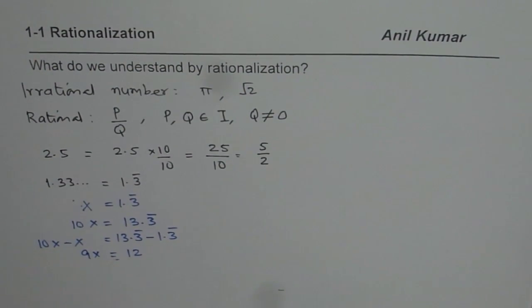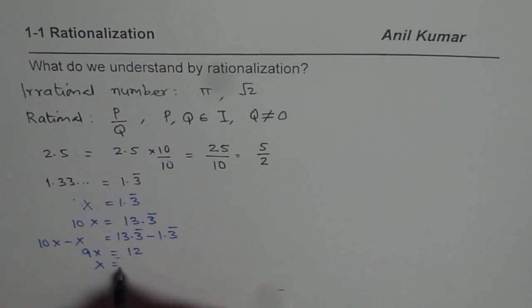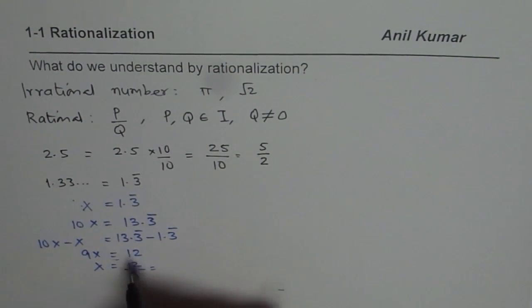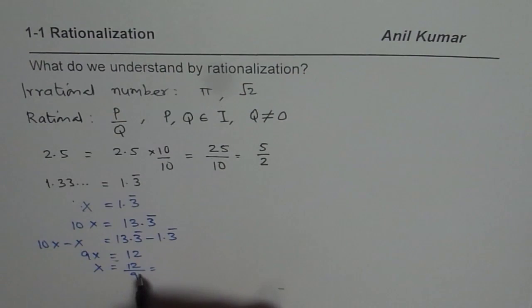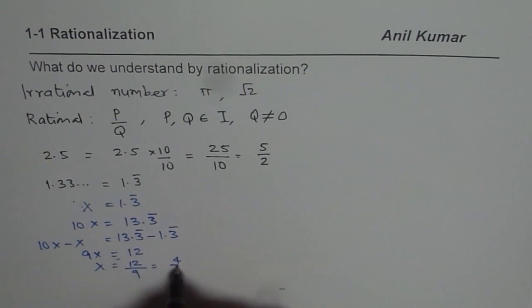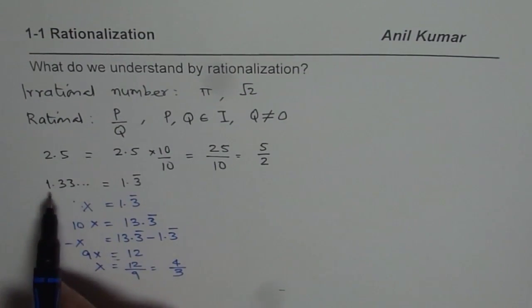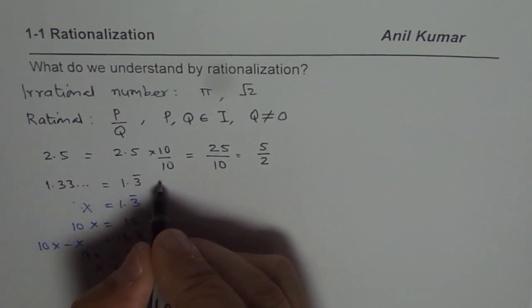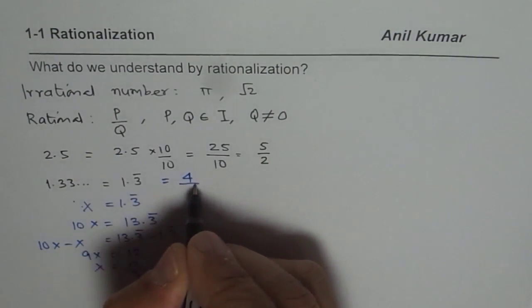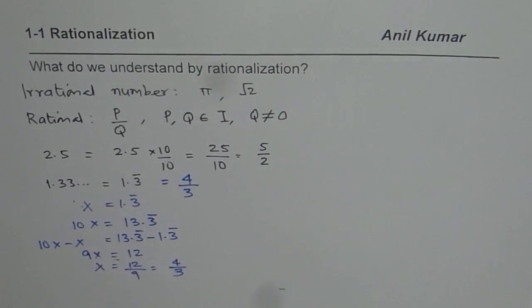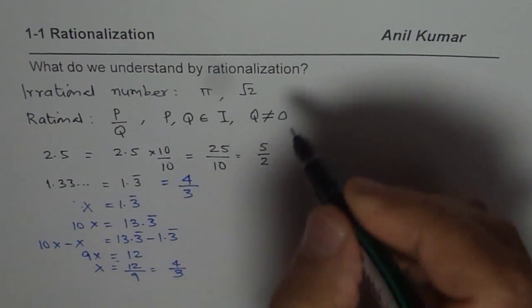So x is equal to 12 over 9, and dividing both by 3, we get 4 over 3 as the fraction, which represents 1.33. So that is a perfect number in which we have integers in numerator and denominator, right? So these are all rational numbers.